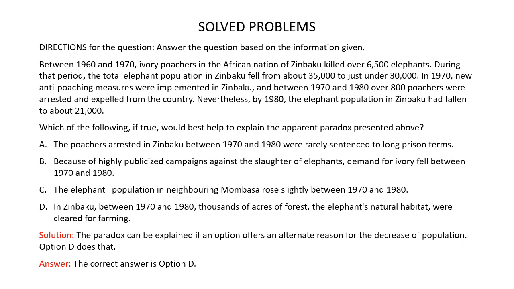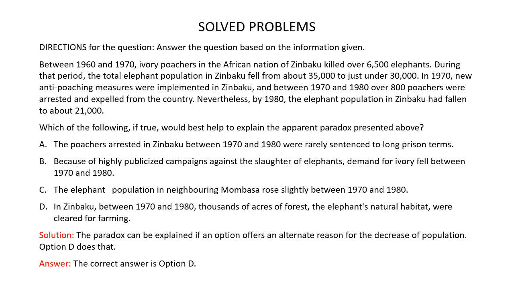But nevertheless, by 1980, the elephant population in Zimbabwe had decreased. So this is the paradox. Instead of an increase in population, there has been a decrease in the elephant population.